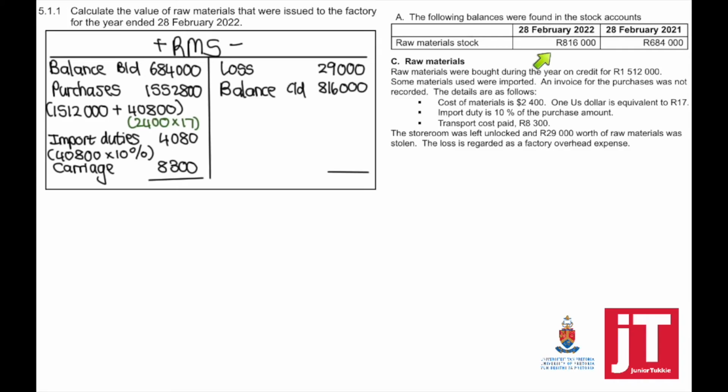If we look at the balance at the end is given to us, so this means that we can calculate the direct material cost, which is the raw materials that were issued to the factory. Take the debit side minus the credit side.